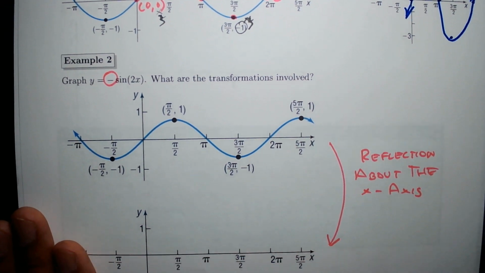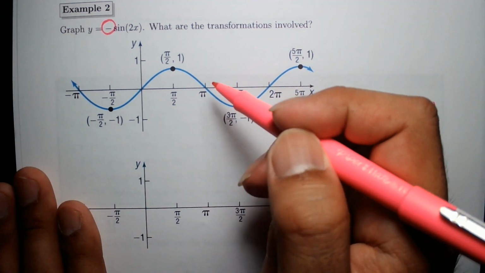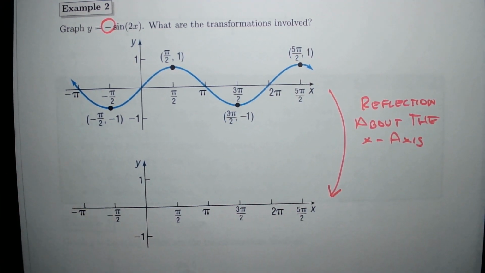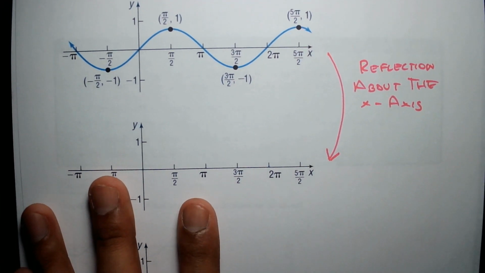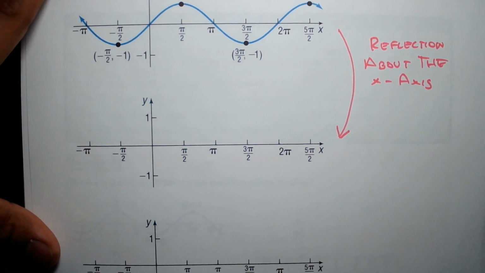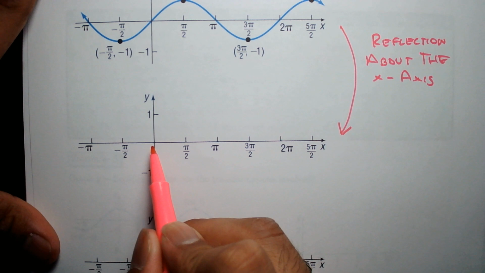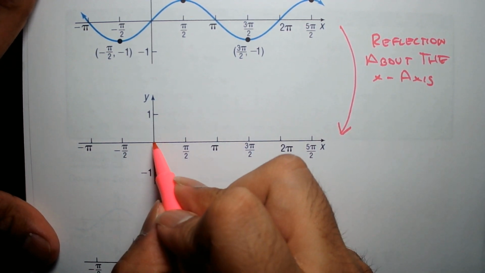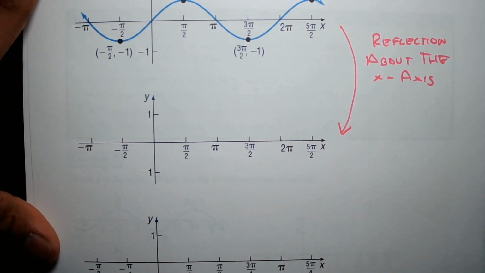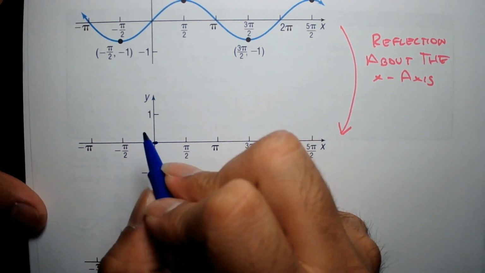In other words, what the negative does is flip the graph, or change the signs of the y values. So 0, 0 remains the same, of course.